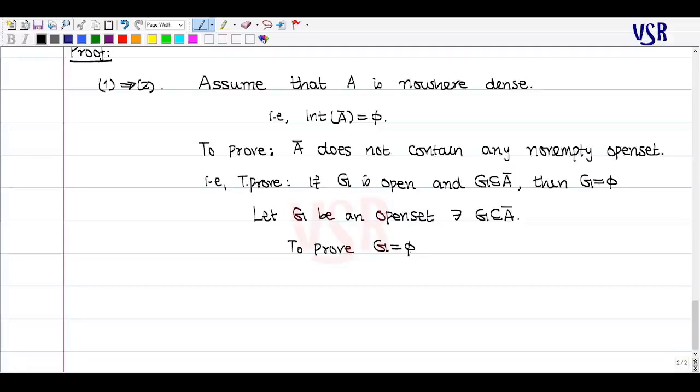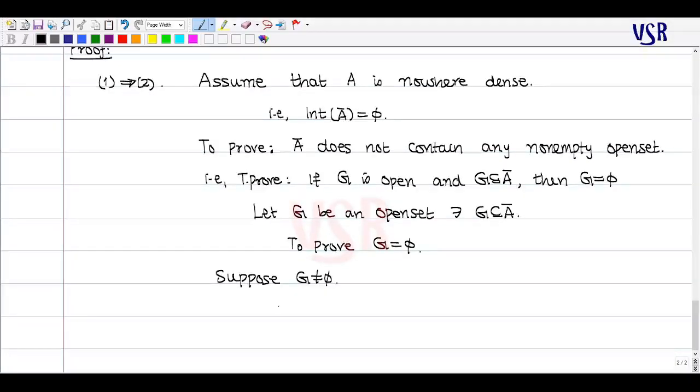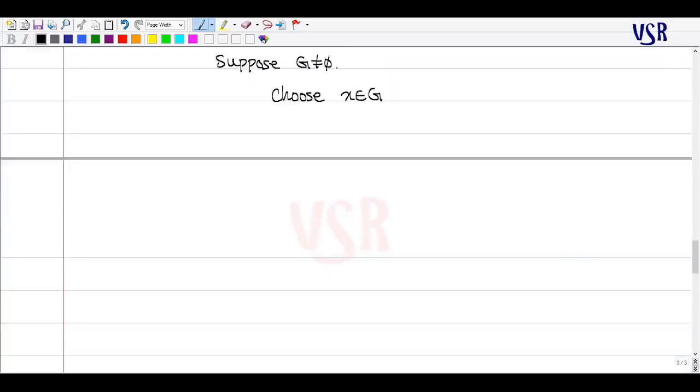Okay. Suppose G is non-empty ன்னு எடுத்துக்கிறேன். அப்ப நான் ஒரு contradiction சொன்னா போதுமா? G non-empty, then choose X belongs to G. X ஒரு element நான் G ல எடுத்துக்கிறேன். And note that G is an open set and G is contained in A closure. Okay? சரி, இப்போ choose X belongs to G.